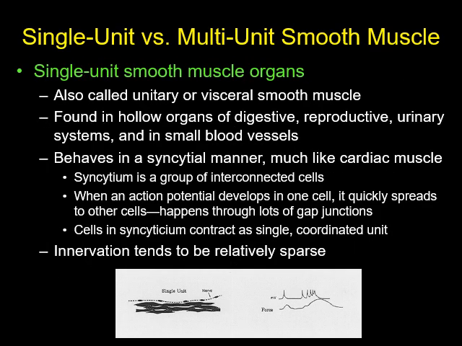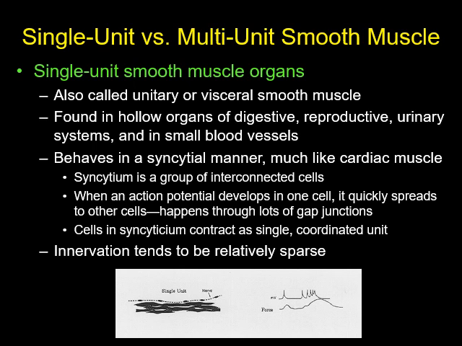Single unit smooth muscle organs are also called unitary or visceral smooth muscle. Single unit smooth muscle is found in the hollow organs of the digestive, reproductive, and urinary systems, as well as in the smaller blood vessels. In contrast to the cells of the multi-unit smooth muscle, which behave somewhat independently of one another, the cells in single unit smooth muscle behave in a syncytial manner, much like cardiac muscle.